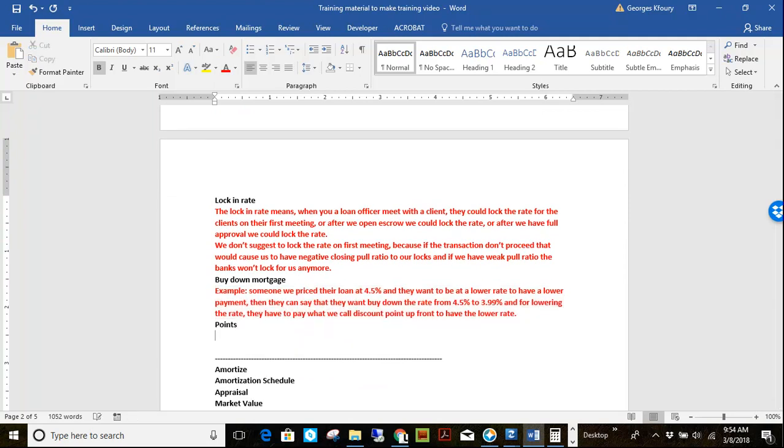The points consist of multiple kinds. Could be discount points, which we explained is to buy down the rate. Could be origination points. Could be points in the rate.